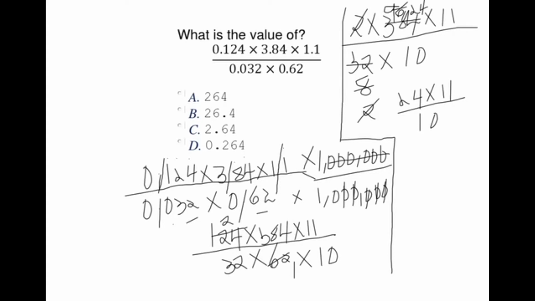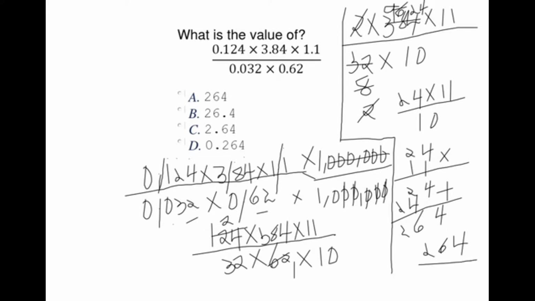So we'll have 24 times 11. 1 times 4 is 4. 1 times 2 is 2. 1 times 4 is 4. 1 times 2 is 2. So this is 4. We add. 2 plus 4 is 6. Then 2 plus 0 is 2. So we have 264, our numerator, divided by 10.